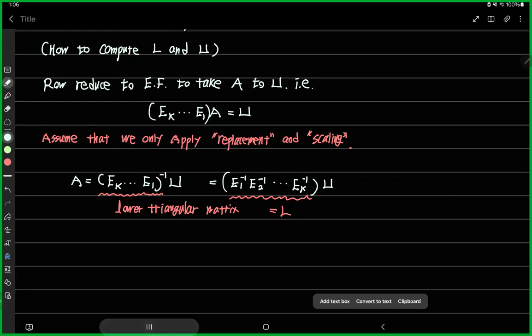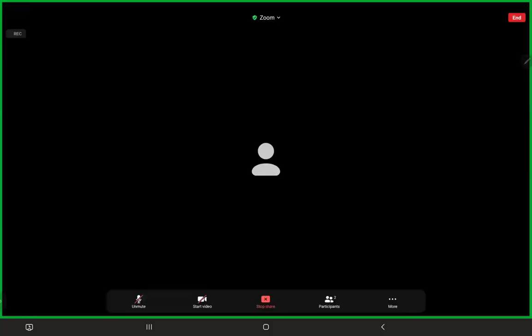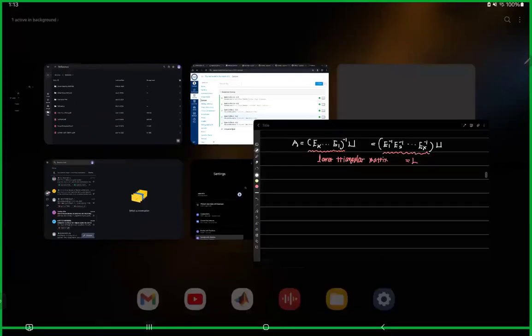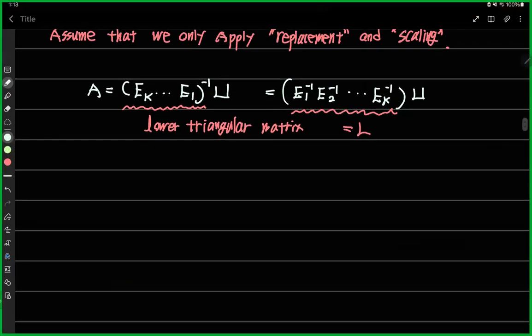Anyone can answer that? Each elementary matrix is a lower triangular matrix, and the inverse is also a lower triangular matrix. Keep that in mind.